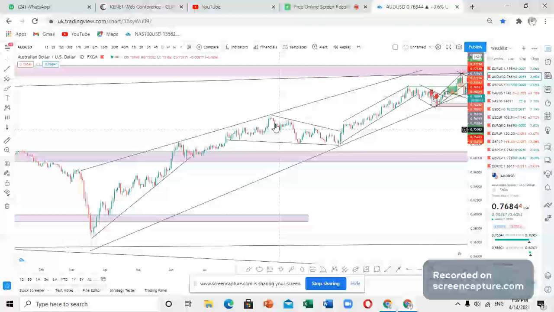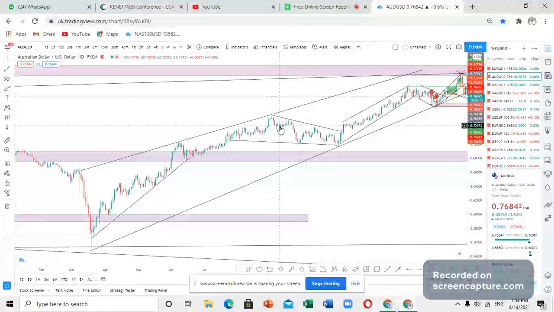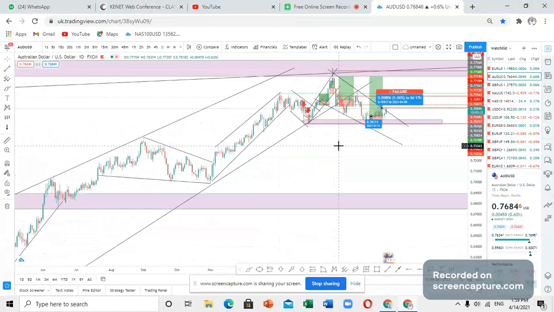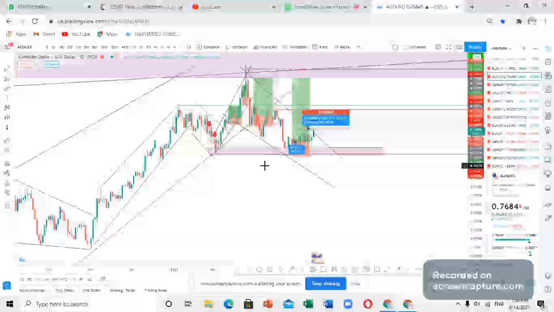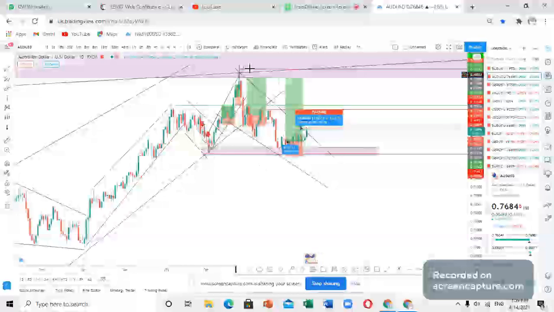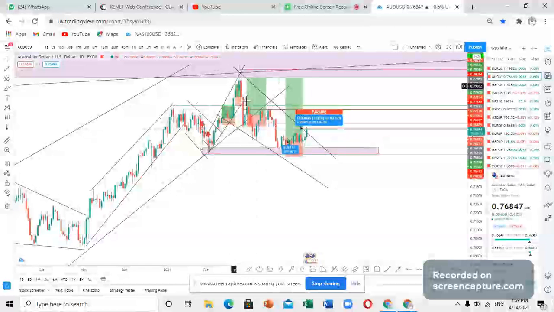At this position you have got this high, and then it moved down, moved up a little, and then moved down, moved up to touch the trend line above it, and then it moved down again, and then after touching the trend line below, it moved up. Currently, as you can see, the markets, after touching this point of resistance, moved down.